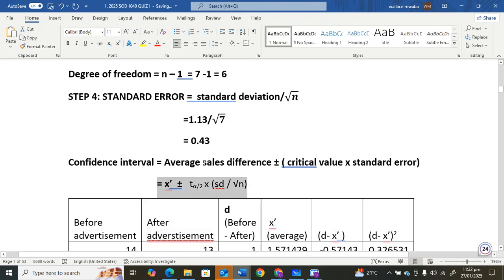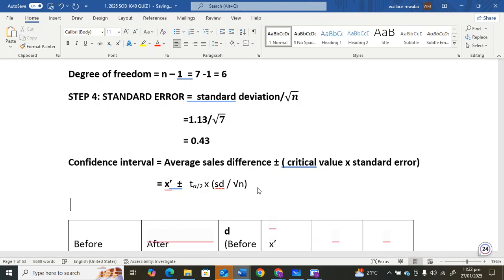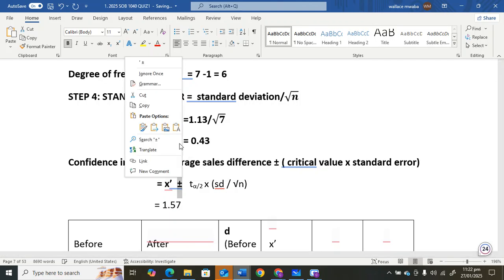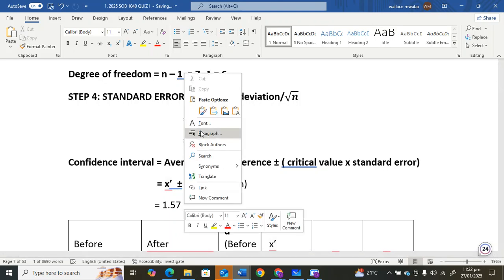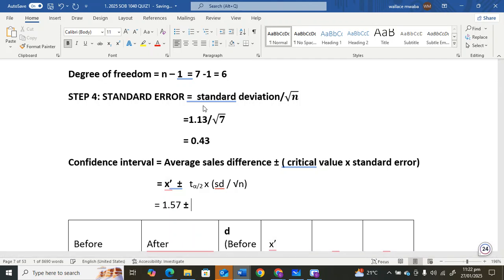So the average in the sales differences, which we calculated, 1.57, plus or minus, open brackets, our critical value 2.447 multiplied by our standard error 0.43.